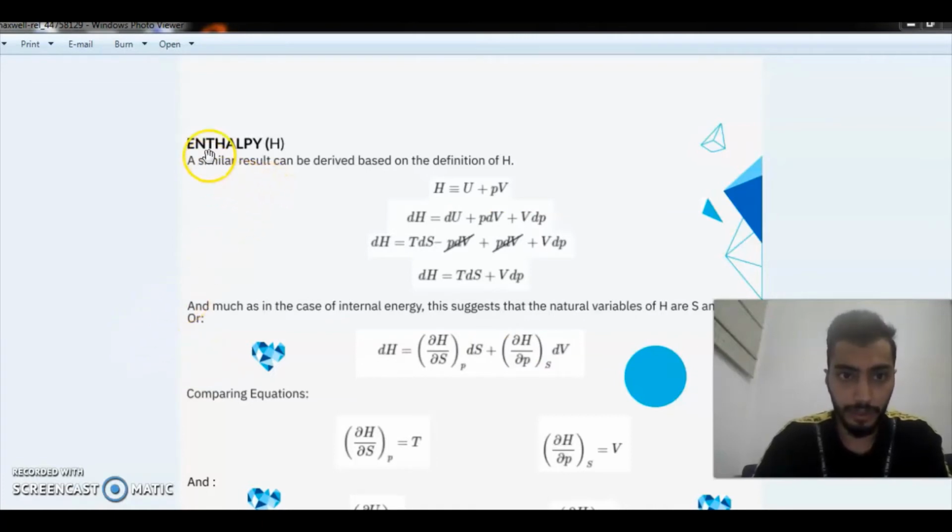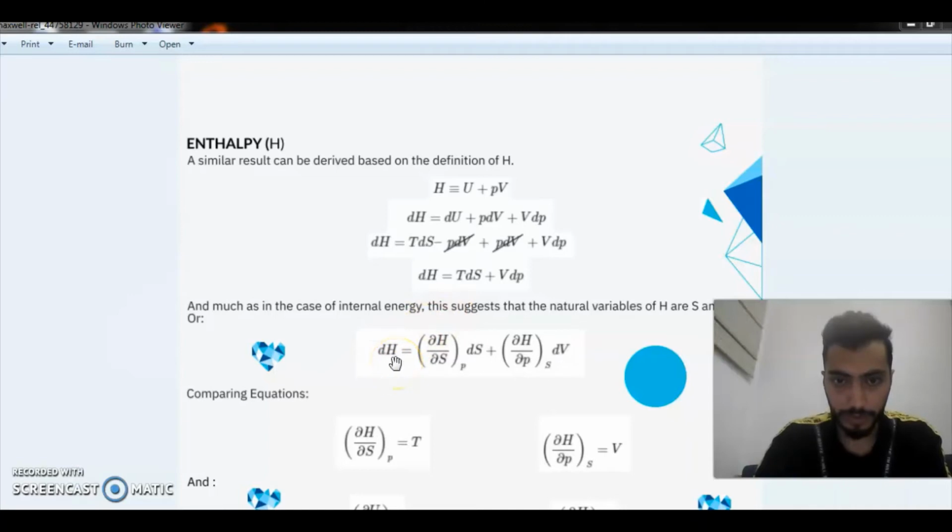Hi, now I'm going to talk about enthalpy, and this is the main equation for enthalpy. We are going to expand it to get dH equals T dS plus V dP.